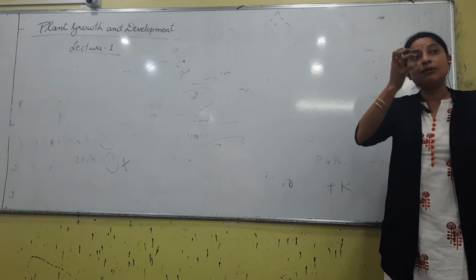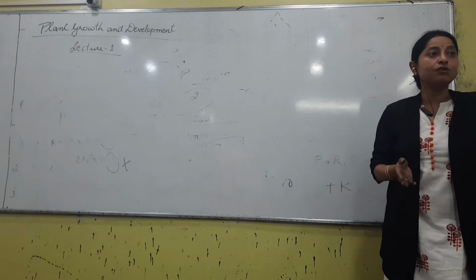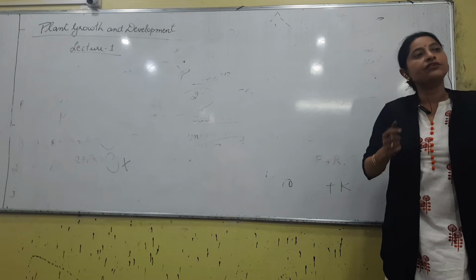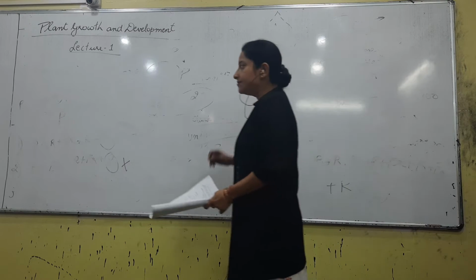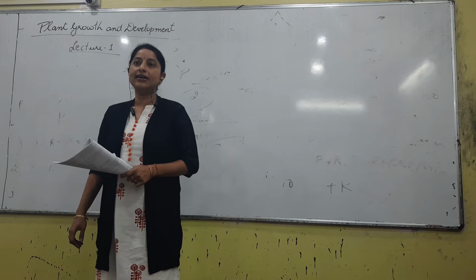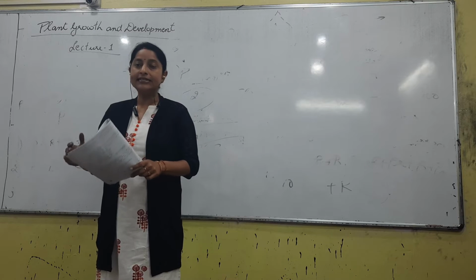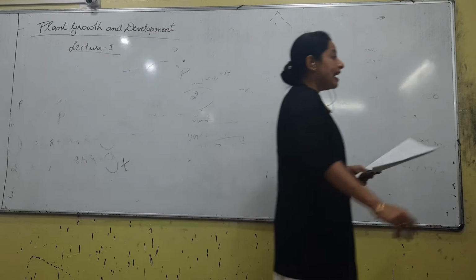So that requirement for a cold climate is called vernalization. A particular hormone called vernalin is responsible. Right? So there are certain plants which always require a cold climate to flower. That is what is called vernalization.